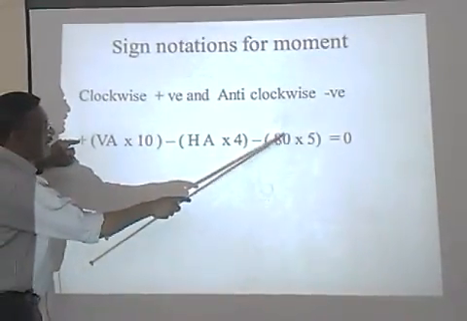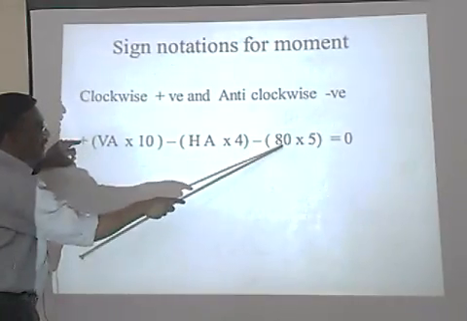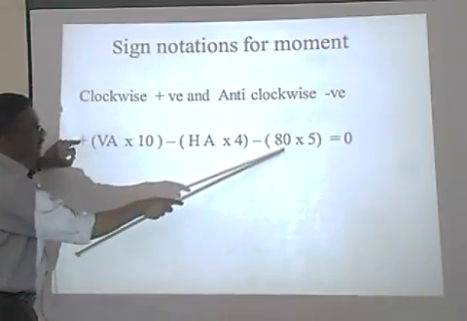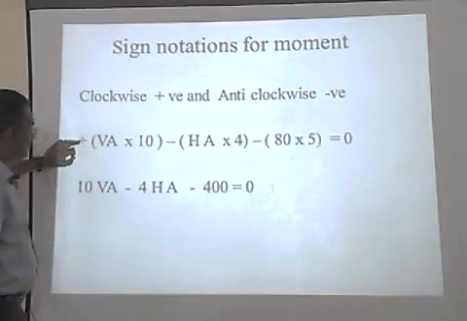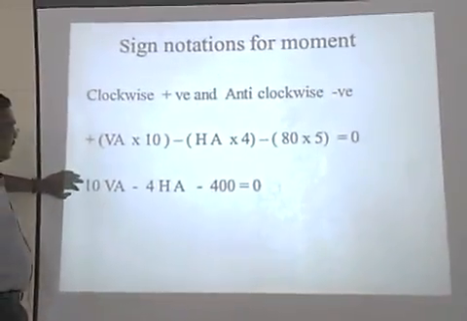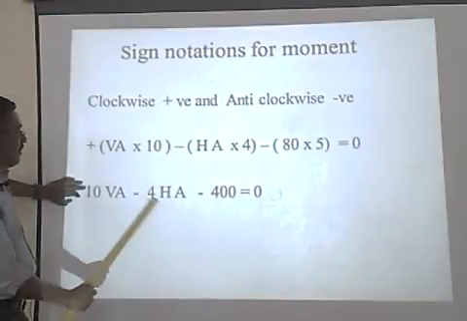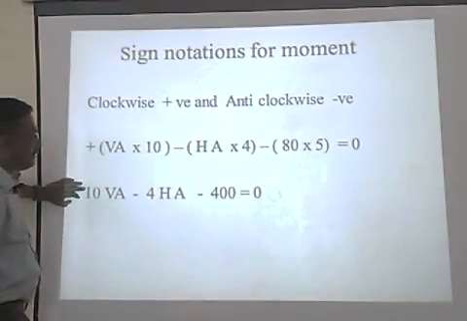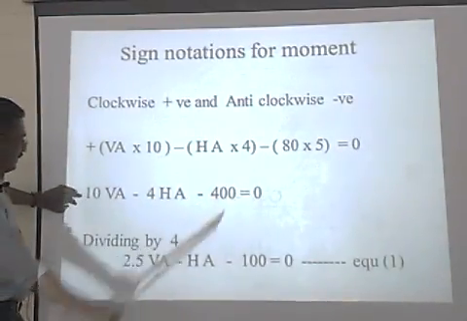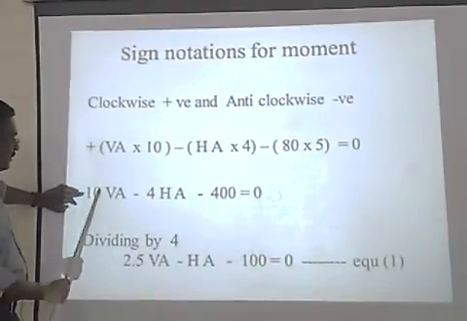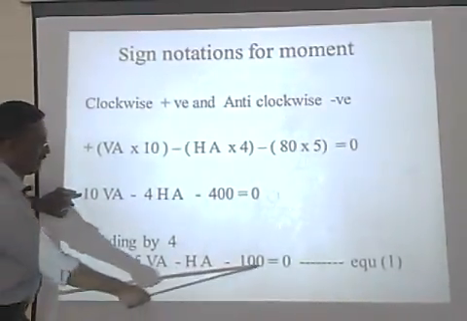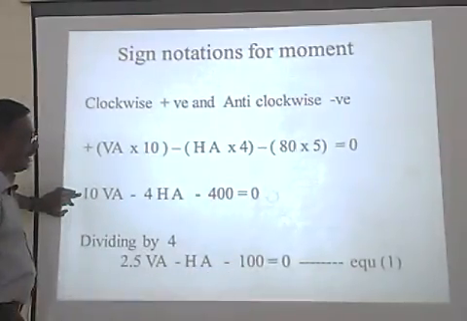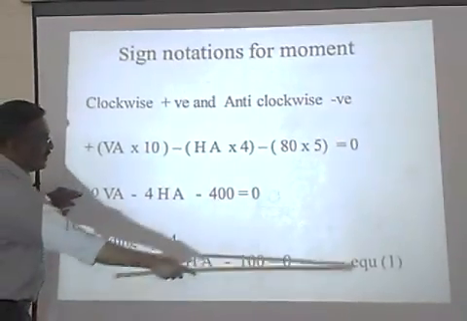The downward force acts at 5 meter from the crown C, anti-clockwise, so negative. The sum equals 0. Simplifying, we get 10 VA minus 4 HA minus 400 equals 0. Dividing the whole equation by 4, it reduces to 2.5 VA minus HA minus 100 equals 0. Let us take this as equation 1.